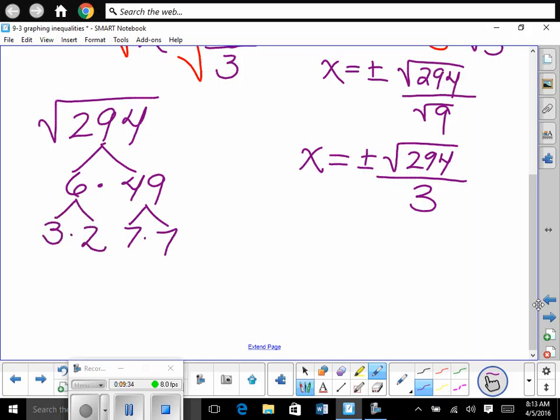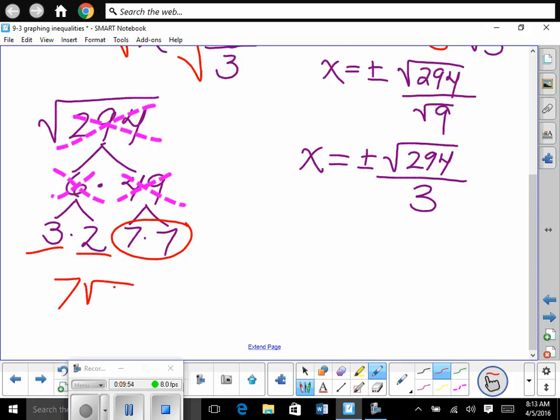Now don't double dip. There's some double dippers in this class, and it's gross. The 6 isn't there anymore, the 49's not there anymore. We broke those down. Now because of the square root, we're pulling out groups of 2. Isn't there 2 7s? The 3 and the 2 have got to stay, right? So we have 7 square roots of 6. Don't we multiply those back together?